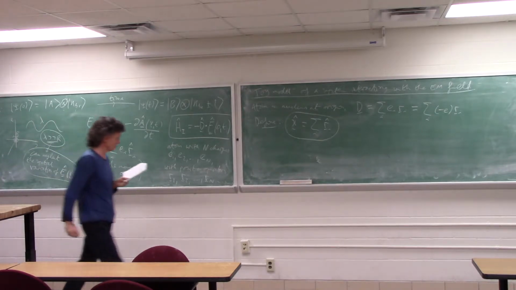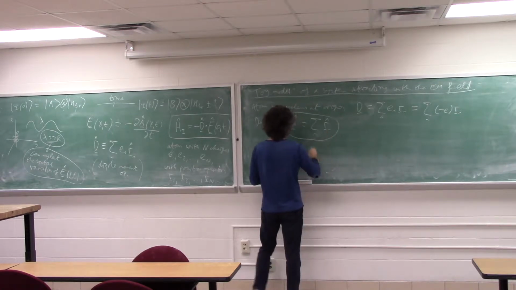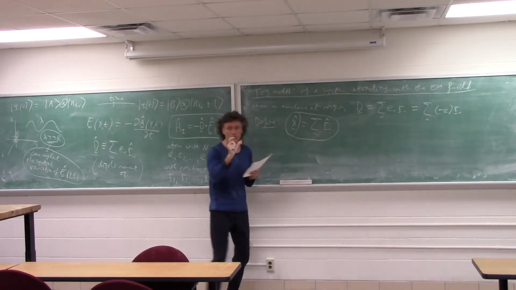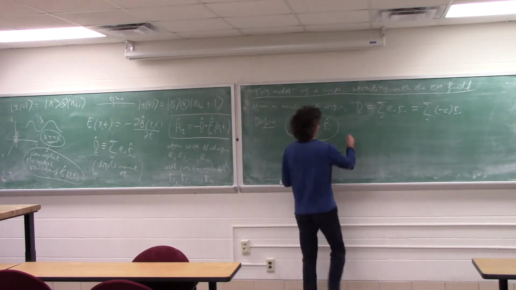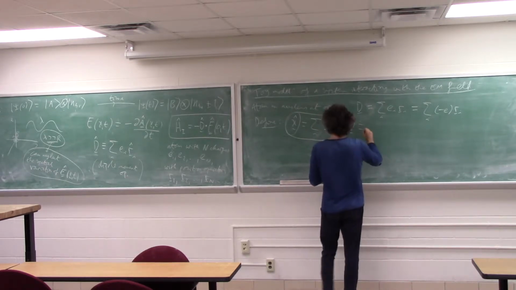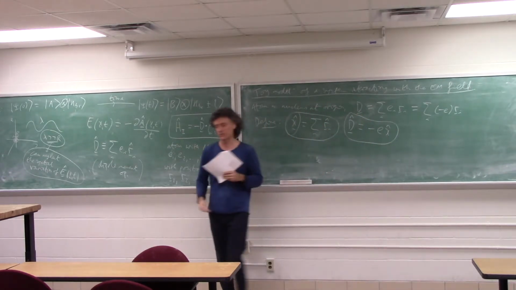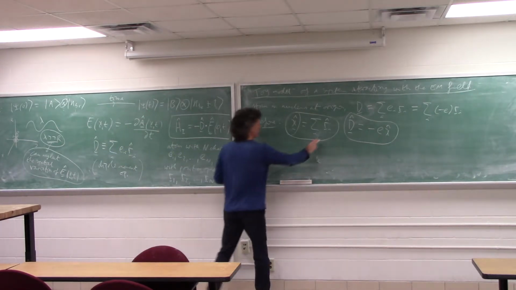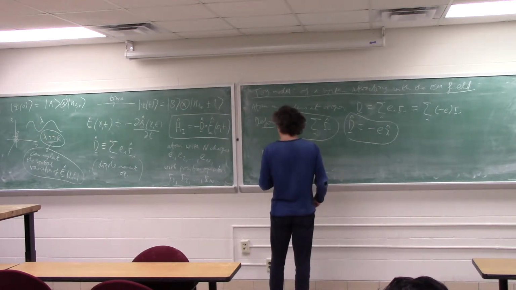So this is just a sum over the atomic electrons and we're going to call this x, not to be confused with the general position in space, the general point in space. All right, so we have P. Our operator is written now like this, minus e times an operator x, which is a sum of the operator positions of the atomic electron. So this is the dipole moment operator that we're going to work with.